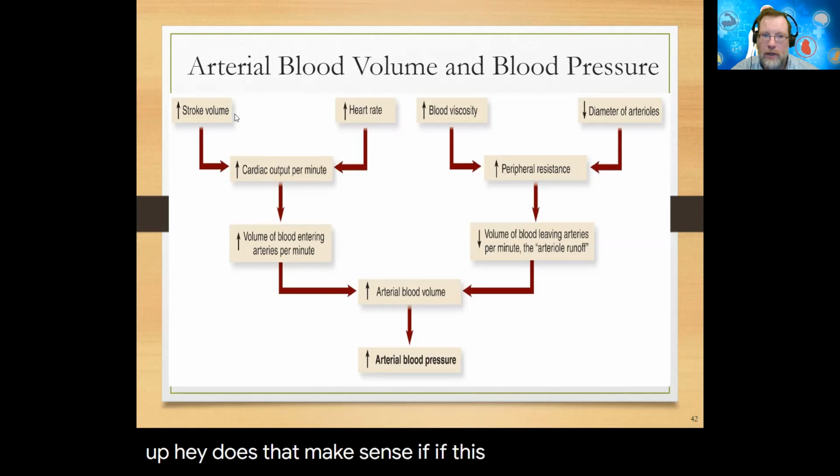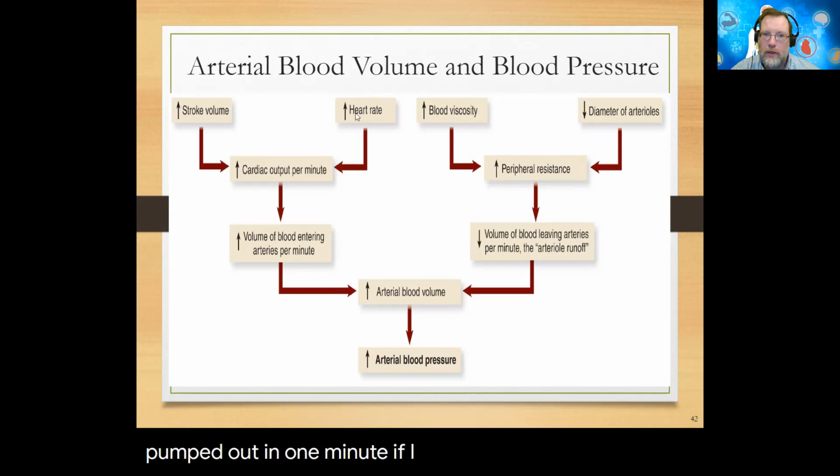If this is 3 and this is 3, this is 9. 3 times 3 is 9. If I have 3 milliliters of blood and I pump that blood 3 times in 1 minute, I'm going to get 9 milliliters pumped out in 1 minute.